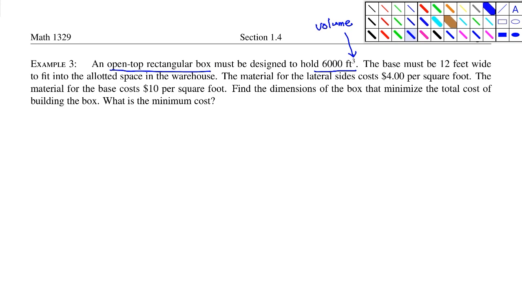The base must be 12 feet wide. Okay. The lateral sides cost $4 per square foot. The base costs $10 per square foot. Find the dimensions of the box that minimize the total cost of building the box, and what is that minimum cost? So we're looking for a cost function. So first, let's draw a little picture.